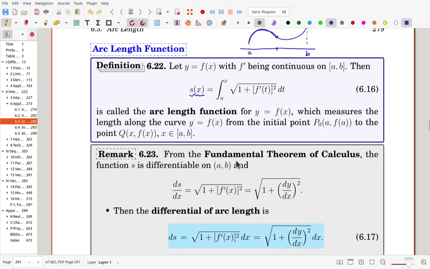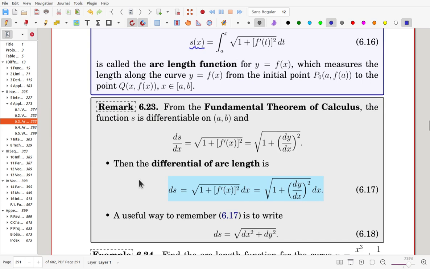Now, using the fundamental theorem of calculus, with the derivative with respect to x, we can get the differential of the arc length.